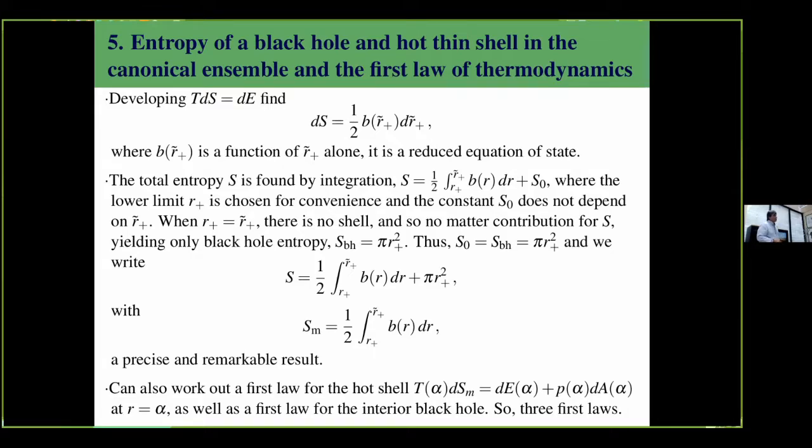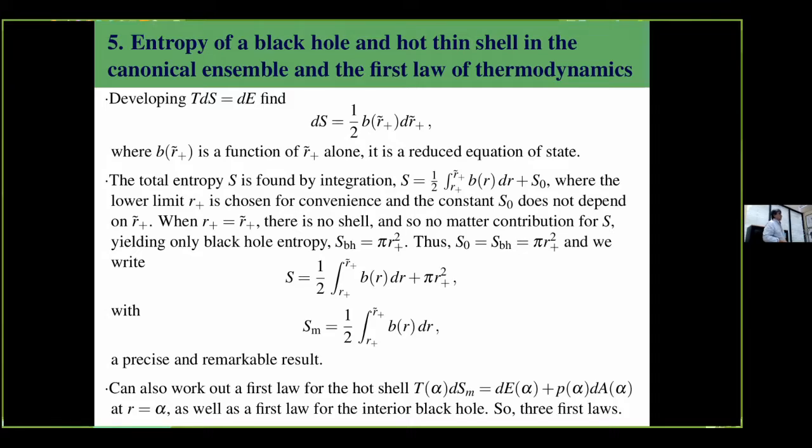You play around with these things and then find that the matter entropy, so the entropy of the shell, is given by the integral from r plus, the horizon radius, to the gravitational radius of the shell, of the function that you choose for the shell, the equation of state for the temperature of the shell. So this is really a precise and remarkable result.